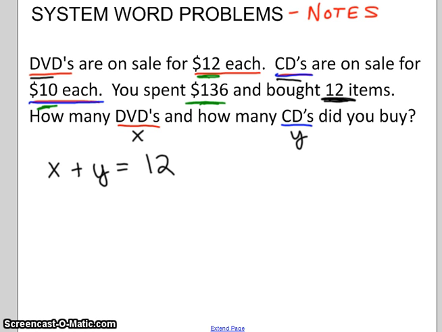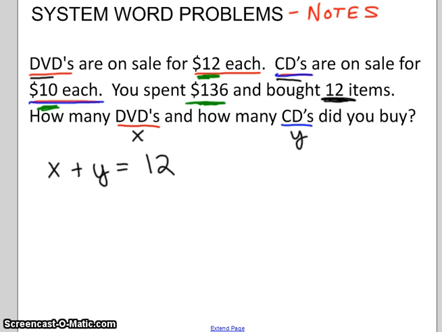All right. Now we have this variable of money here. The DVDs are $12 each. The CDs are $10 each. In total, it's $136. Well, if we knew how many DVDs we bought, it'd be 12 times whatever.